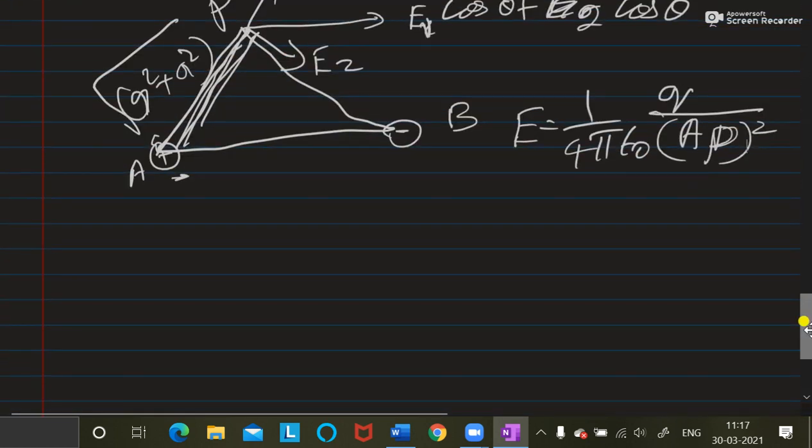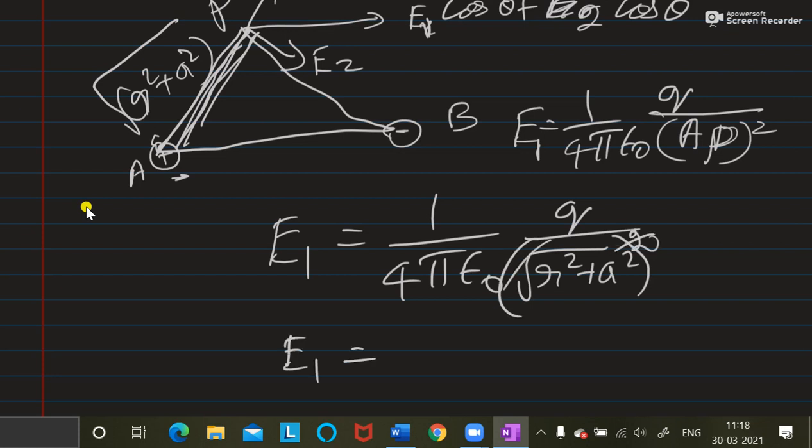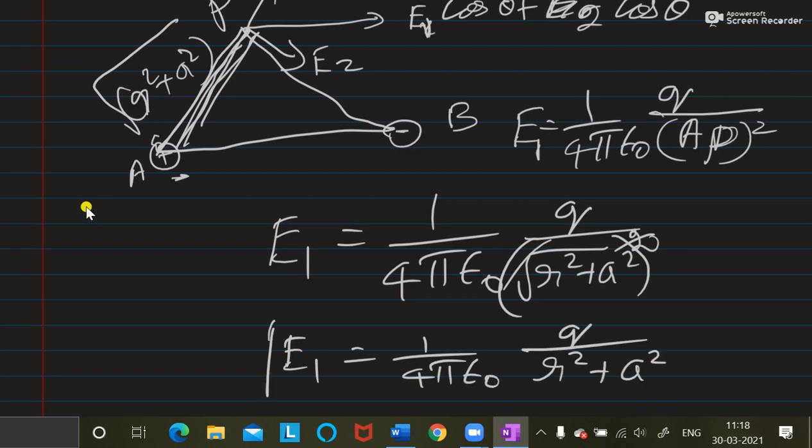Finally E1 is equal to 1 divided by 4 pi epsilon naught Q divided by root of R square plus A square, whole square. So square and root get cancelled. E1 is equal to 1 divided by 4 pi epsilon naught Q divided by R square plus A square. So I got what E1 is.